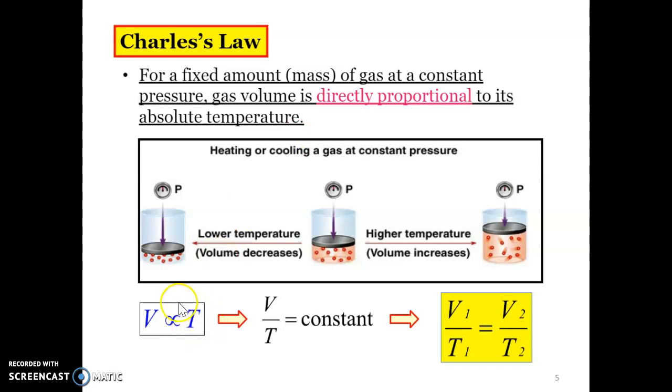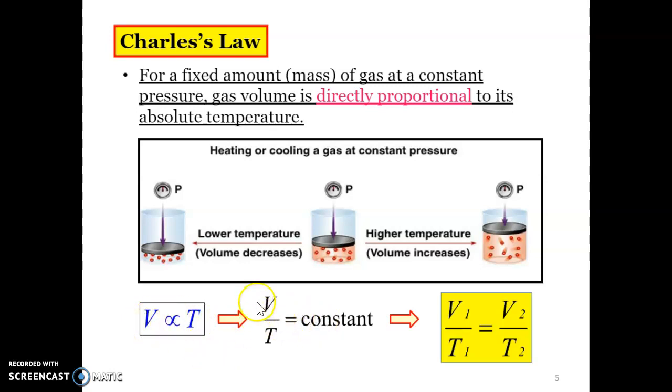So as we increase the temperature, the molecules inside will be moving freely, so they will start to push away the piston here, so the volume will be increasing. Increasing the temperature means you are increasing the volume.